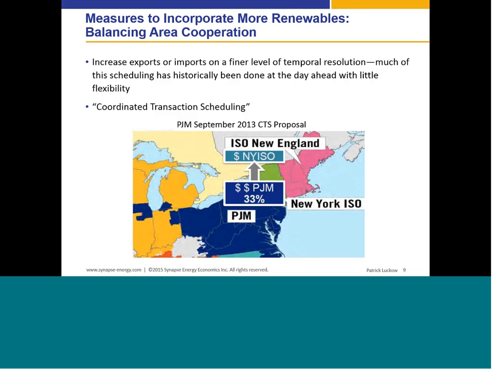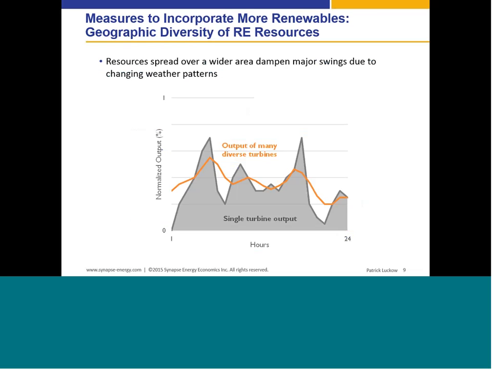These utilities still operate independently on the day ahead, so they commit their systems as they find best for them the day beforehand, and then if they run into any issues in the real time, they can adjust with the broader system. And we found that this level of coordination can help all these systems manage an increasing level of wind and solar energy.